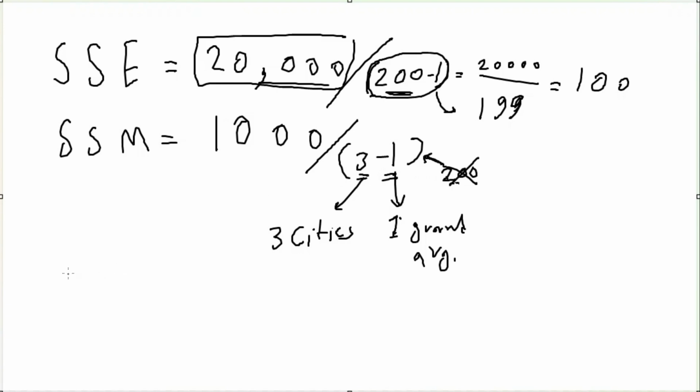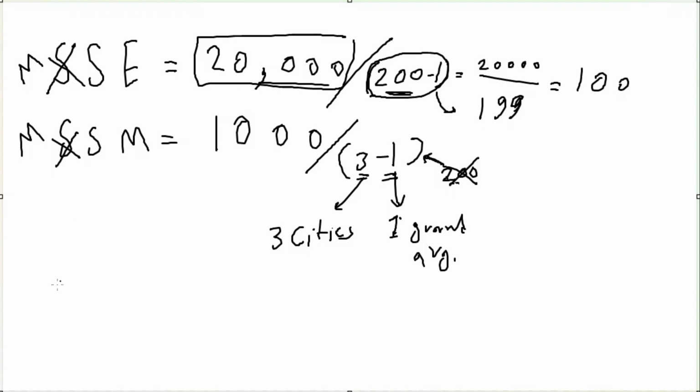So after averaging, this will not be any more sum. We will not call this sum because the first letter stands for sum. It will be mean, which means the average. So it will be mean squared error and mean squared model.